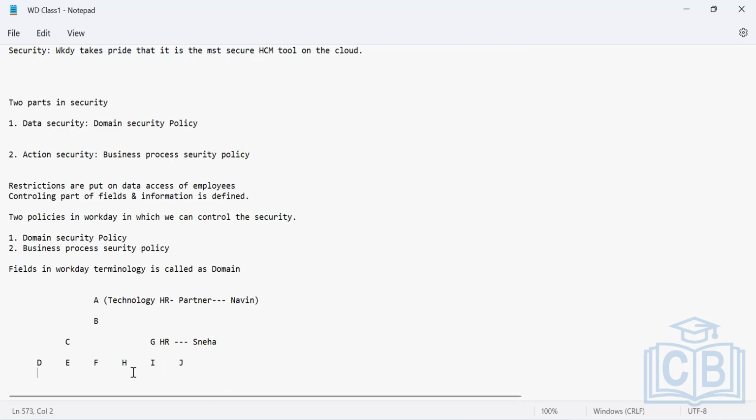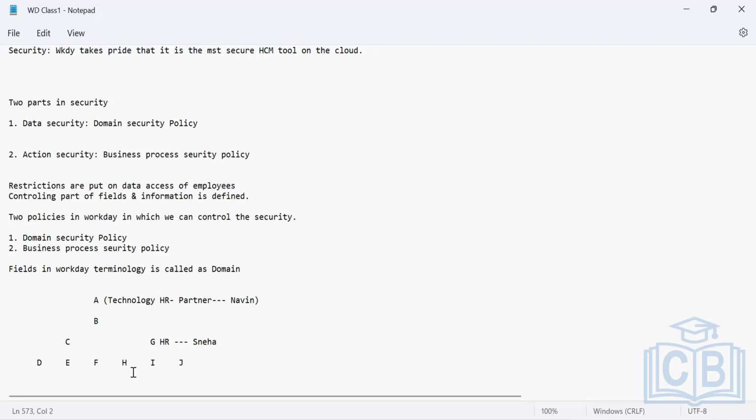Now, these restrictions are put through security groups in Workday. Okay. So this is a very important concept, guys. Security groups. What is a security group? So it's a collection of permissions. So you have different permissions which are clubbed together in a security group.